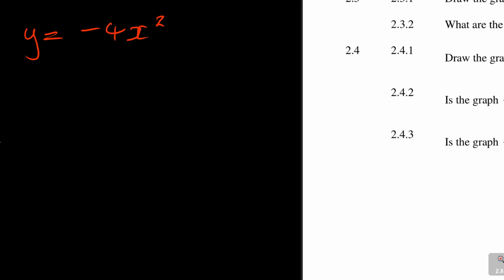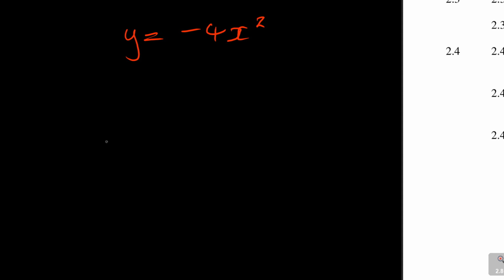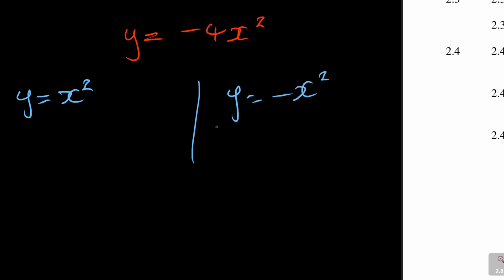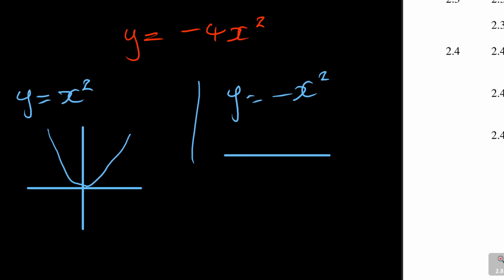You must remember, if you are drawing the graph of, for example, y is equal to x squared versus y is equal to minus x squared, you must remember these graphs. Now x squared is this version, and minus x squared is the other way around.